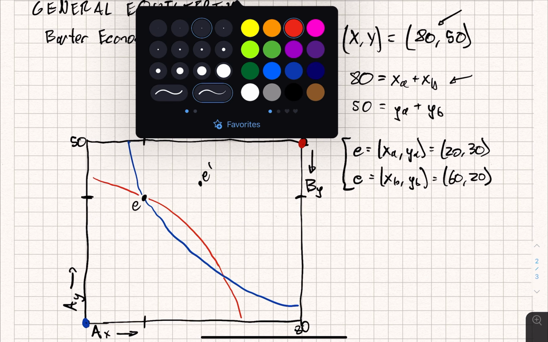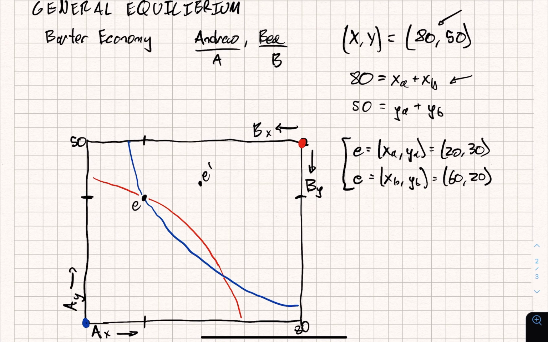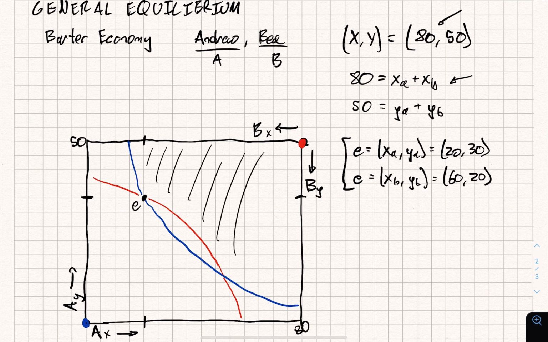So let's maybe just shade these regions. It can't live here because this is bad for Bea. Can't live here either.